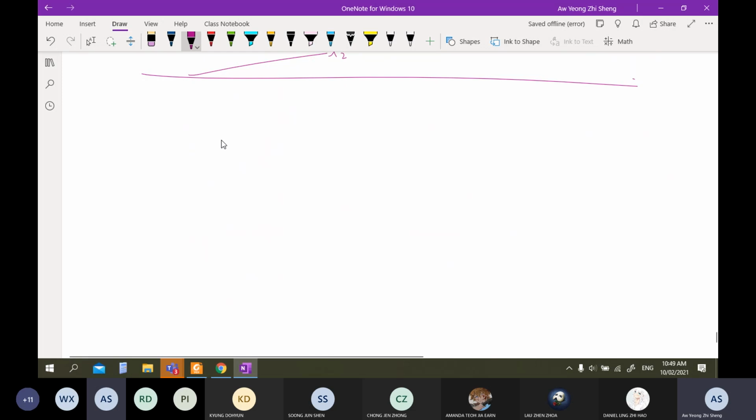And lastly, for skew lines, there are two conditions to show. To show that two lines are skew, first, the lines are not parallel: L1, L2 not parallel. Second, L1 and L2 don't intersect.